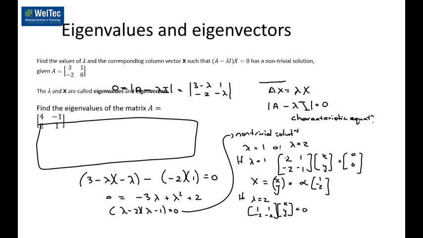So our x is going to be some number times 1, negative 1. So the lambda is the eigenvalue, and this x is the eigenvector.